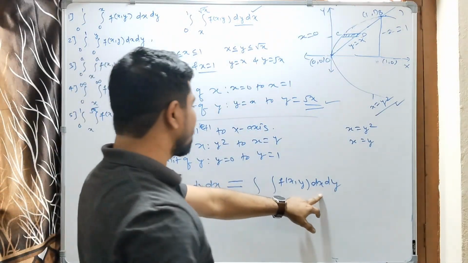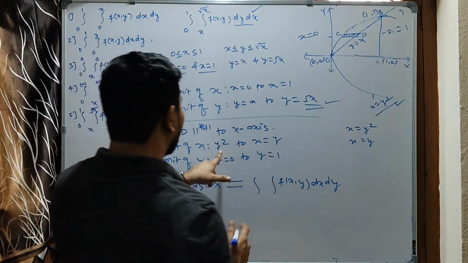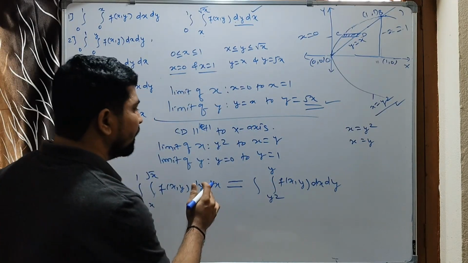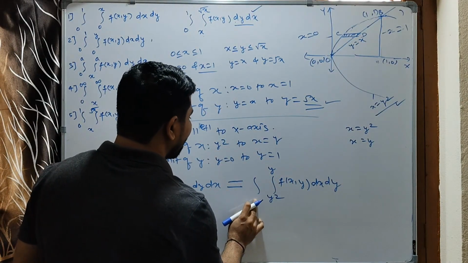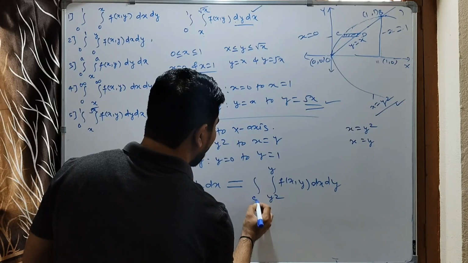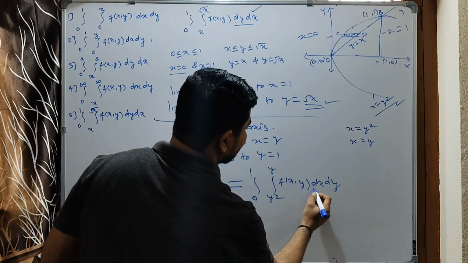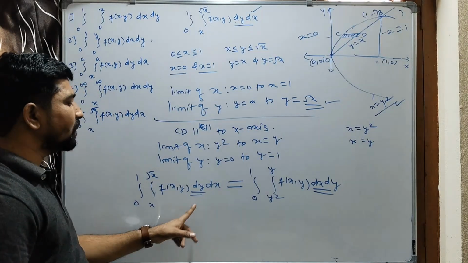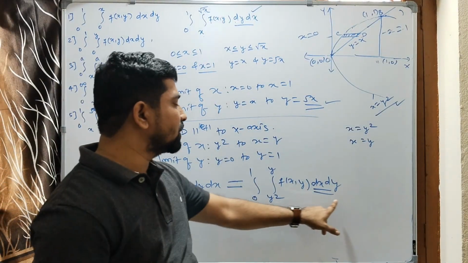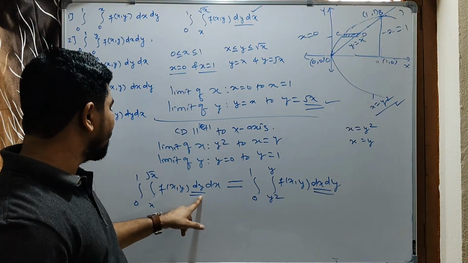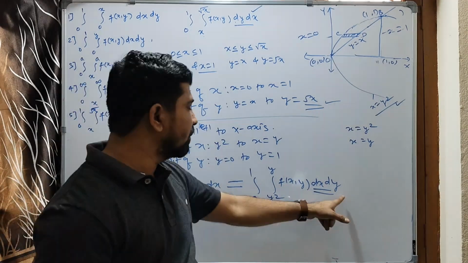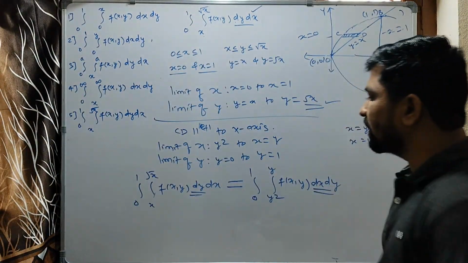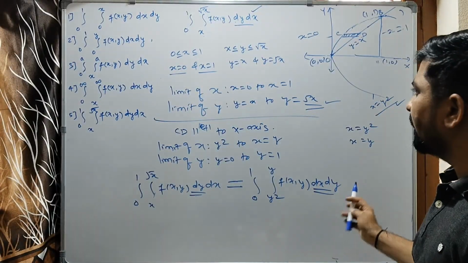For dx, the limits of x start from y square to y, and the limits of y start from 0 to 1. So this is dx dy. In the starting it is dy dx, and I am changing the order from dy dx to dx dy, with respect to the corresponding limits. This is the way to change the order of integration from dy dx to dx dy.